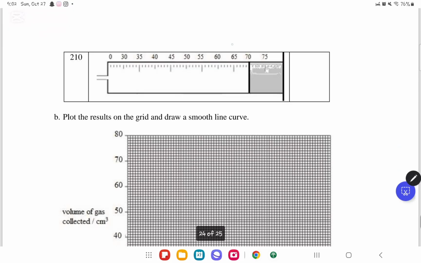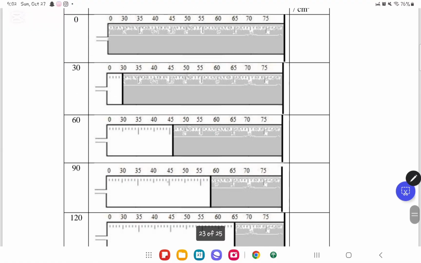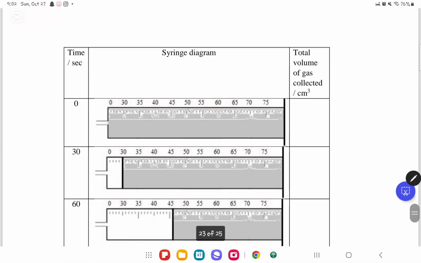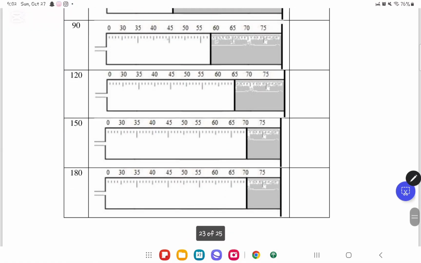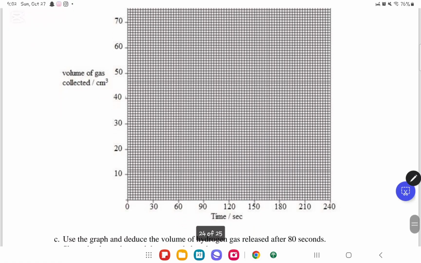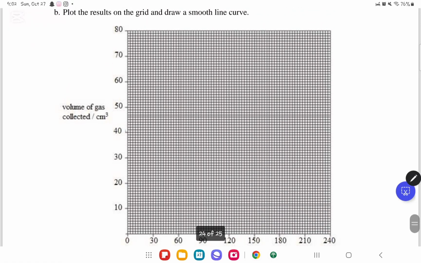So now we need to plot them. Very simply, let me just remember the times quickly: 0, 30, 60, 90, 120, 150, 180, 210. At the time of 0 seconds we collected 0 gas. At 30 seconds we collected 30 centimeter cubed of gas, so it's going to be here.